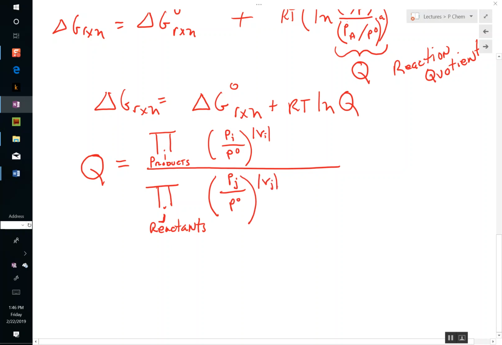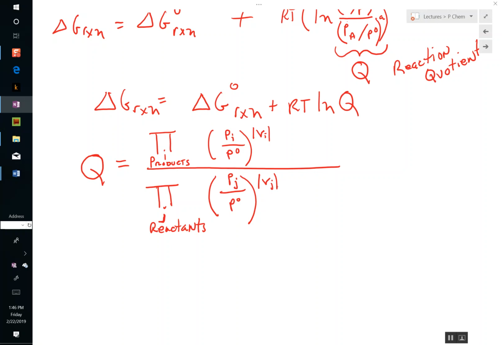And we're using the absolute values. I think we can use these absolute values because we've more or less already taken into account the sign, whether it's a reactant or a product, in the derivation of this equation. The negative sign of the reactant has already come into play. Follow me?